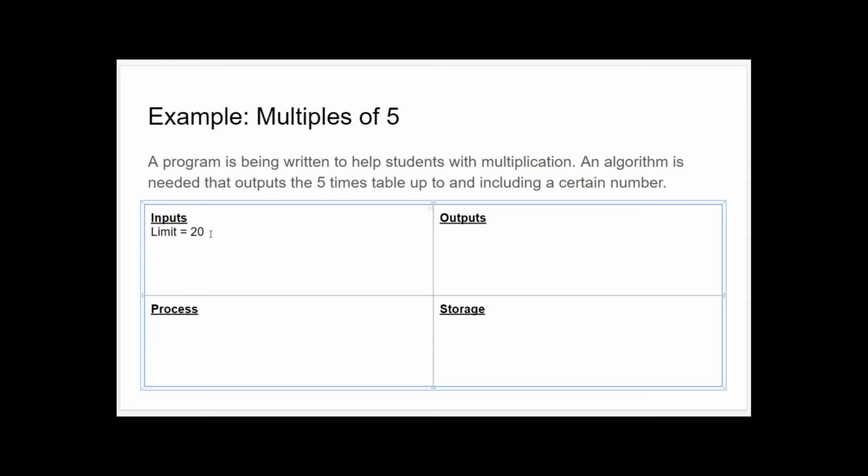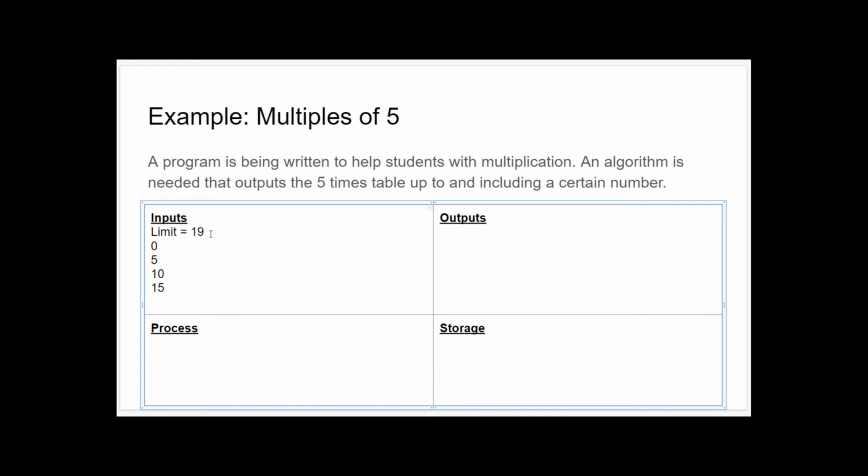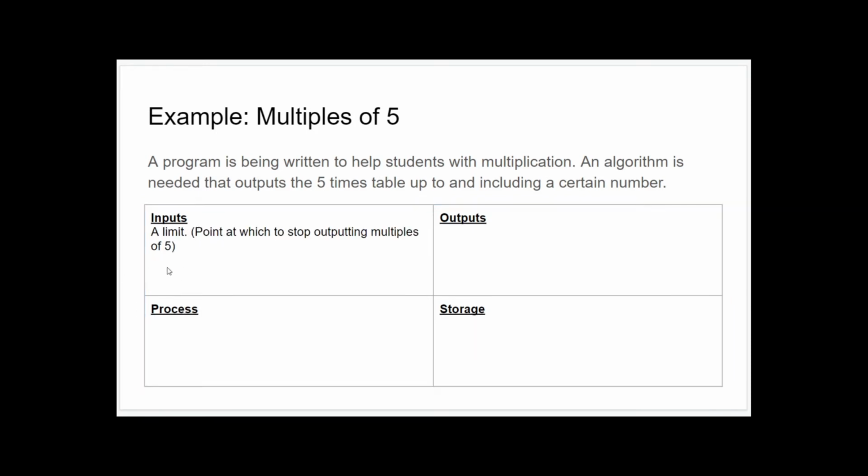If our limit was instead 19, so it could be a number that is not a multiple of 5, our program would output 0, 5, 10, 15, but not 20, because 20 is more than our limit, and we've said that we want to stop outputting multiples of 5 if they're more than 19. Okay, so that's our input. It's a limit, and it's the point at which we stop outputting multiples of 5.